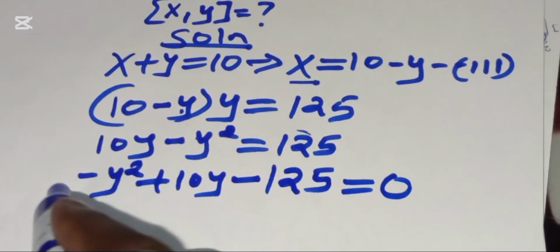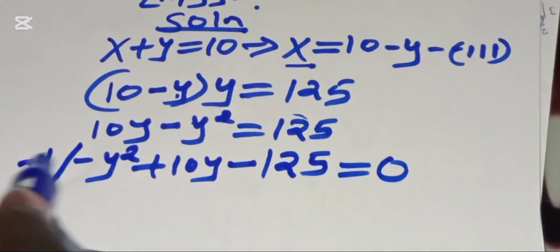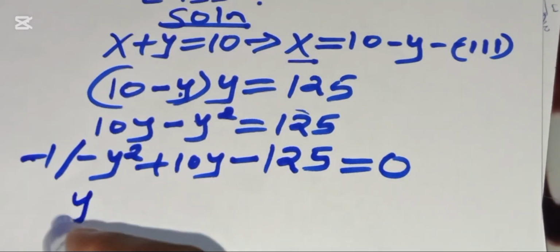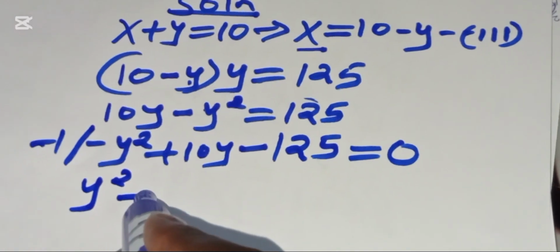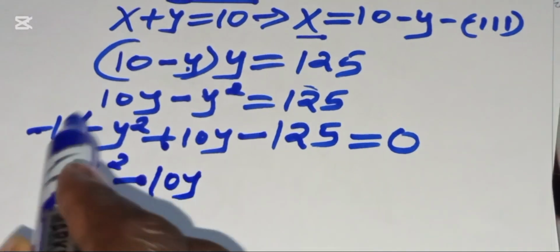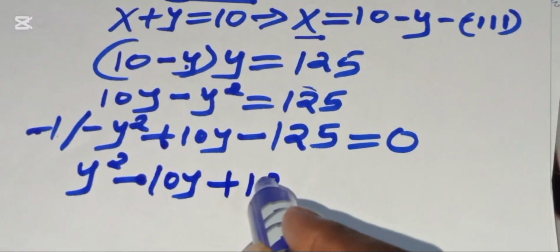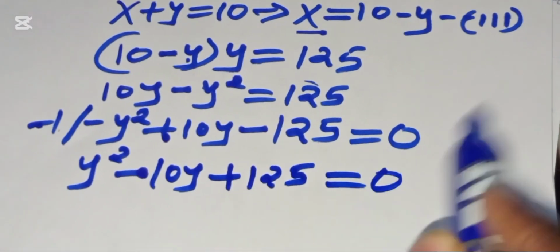So let's multiply by negative 1. Negative 1 times negative y squared is y squared, subtract, because negative times positive 10y is negative 10y, then negative 1 times negative 125 is plus 125, equal to 0.